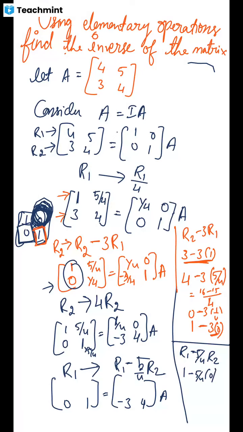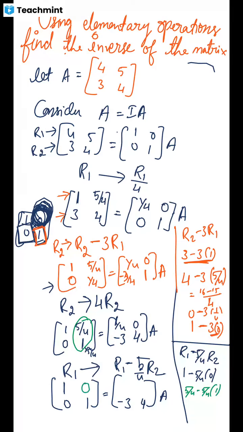Next, take these two elements. R1 value 5 by 4 minus 5 by 4 into the corresponding R2 value 1. 5 by 4 minus 5 by 4 gives you 0.